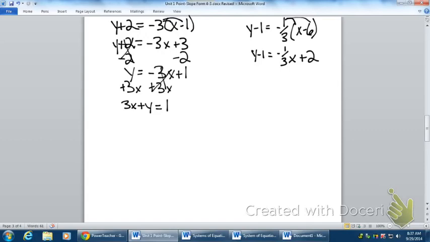Now go ahead and add one to both sides. Good job, Carson. All right? So it gets rid of that on that side. I have a y equals negative 1/3 x, guys, plus 3.